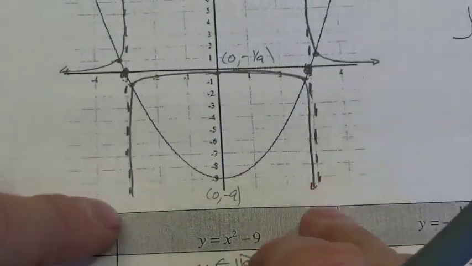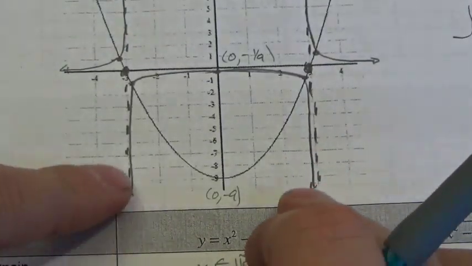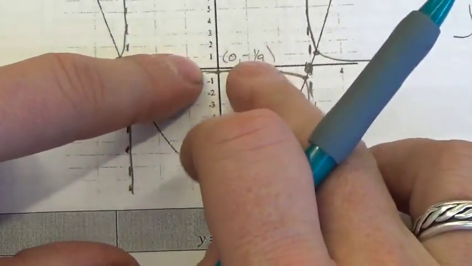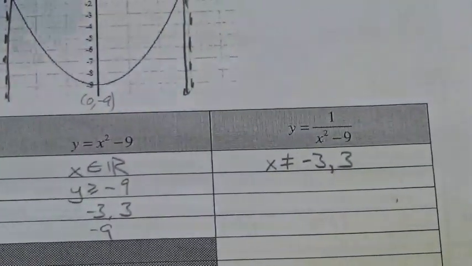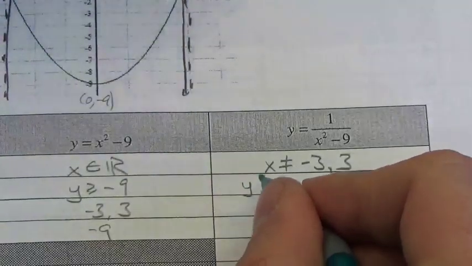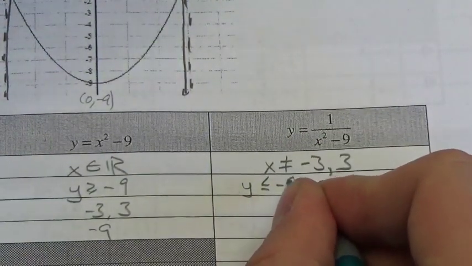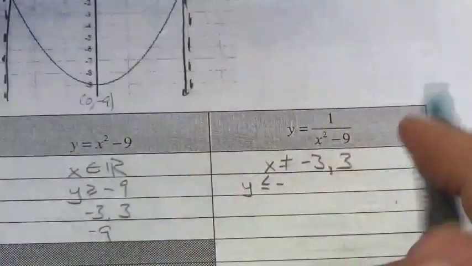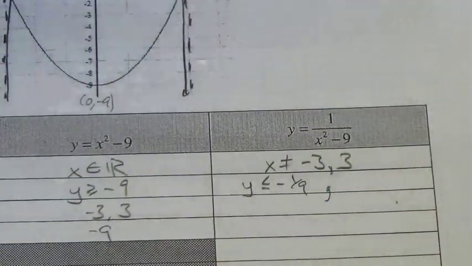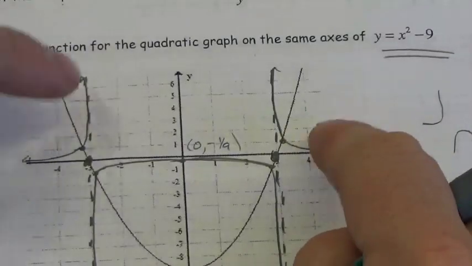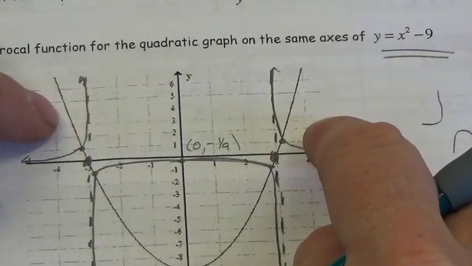But from outside in, the graph comes screaming up to a maximum of negative 1/9. That's the maximum. So there's a part of this graph that's going to be less than or equal to negative 1/9. But there's another part of this graph, and that's the parts that are out here. Now, both of these are going to have the same range.